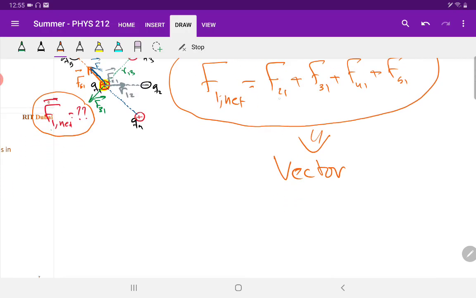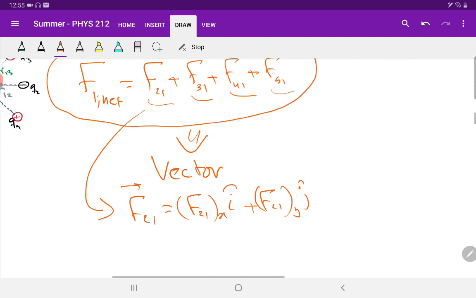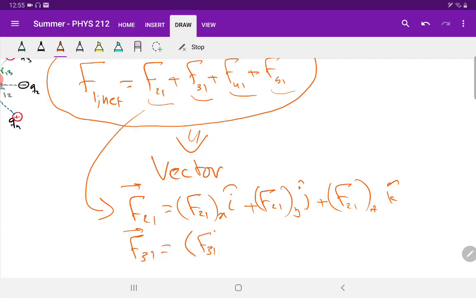What's the meaning of that? It means I have to analyze each one of them as x component, y component. So F21 has F21 x i hat plus F21 y j hat plus F21 z k hat, if we have k hat anyway. Same thing for F31, which gives F31 x i hat plus F31 y j hat plus F31 z k hat.